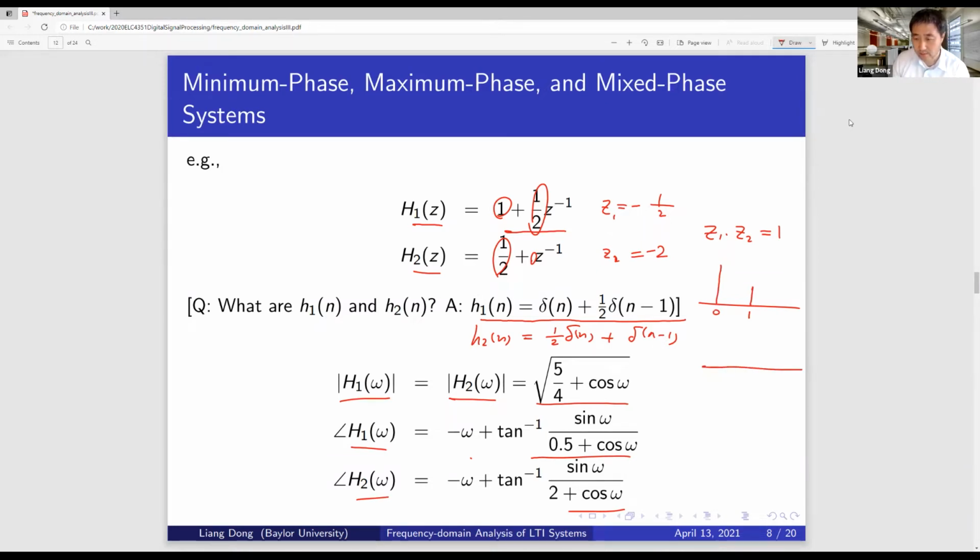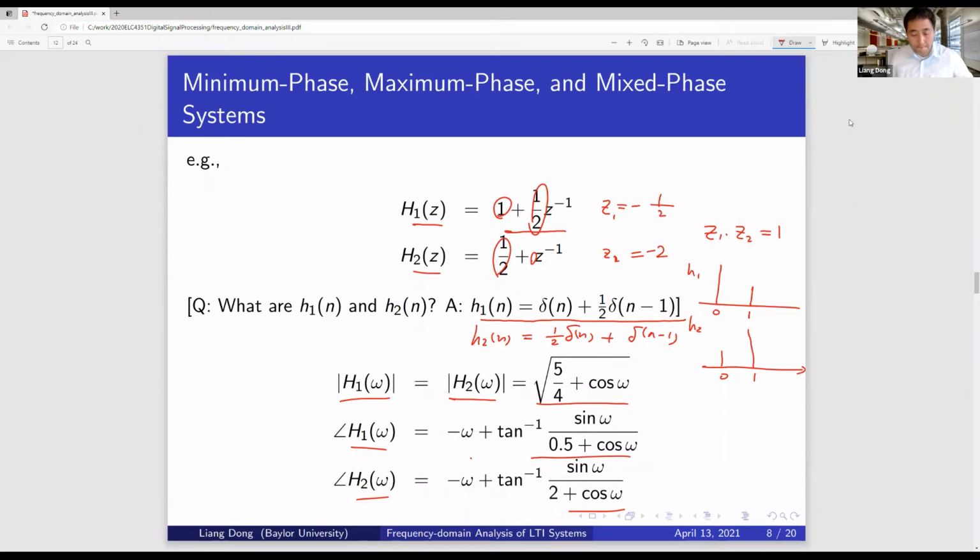So this is h1. The second one, we have a half at time 0, but we have a large component at time 1. So in terms of delay, H2 has a heavy effect of delay. For H1, most of the signal energy comes at time 0. We have a delayed component, but it is relatively small.